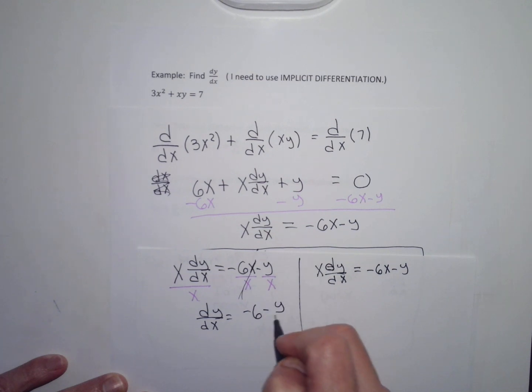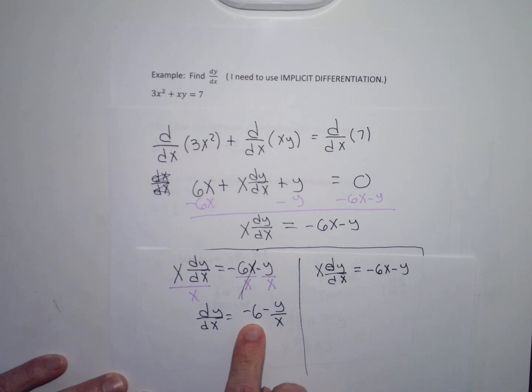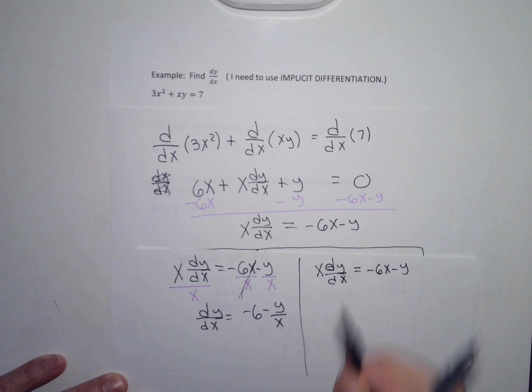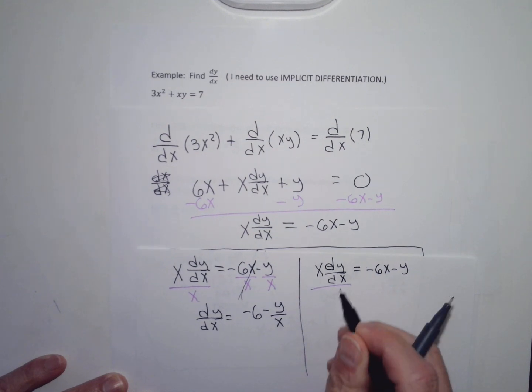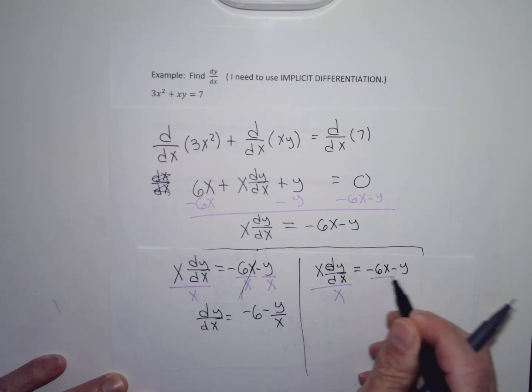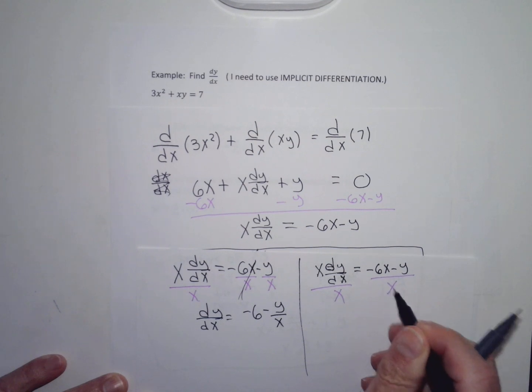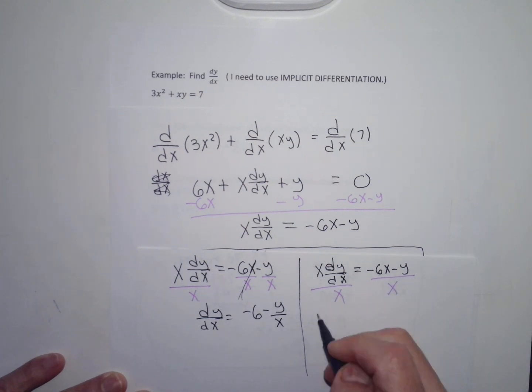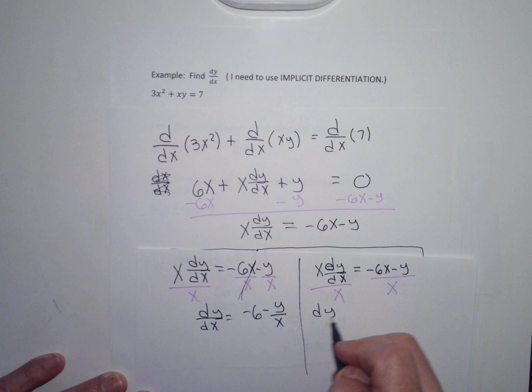And the second fraction doesn't reduce. So the y needs to have an x under it. The 6 can be free of the x. If I make big fractions, which is the other way to reduce this, I can't reduce the fraction. This is the alternate way that's acceptable to reduce this to find dy dx.